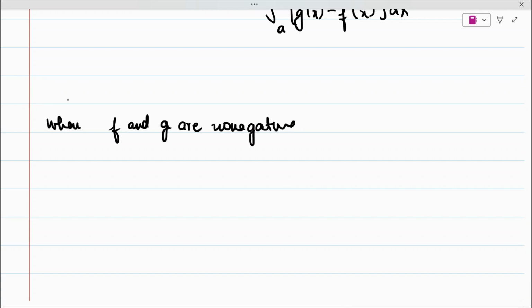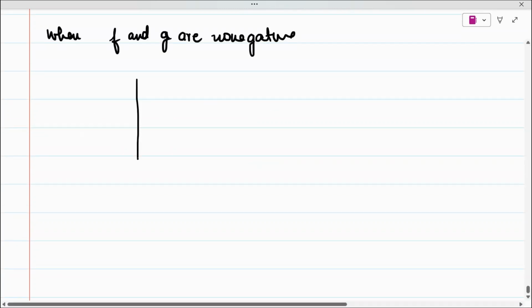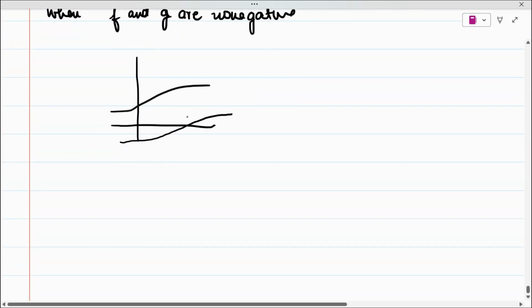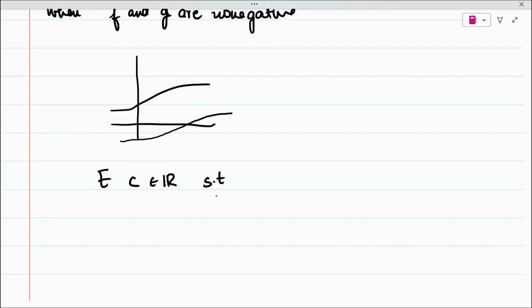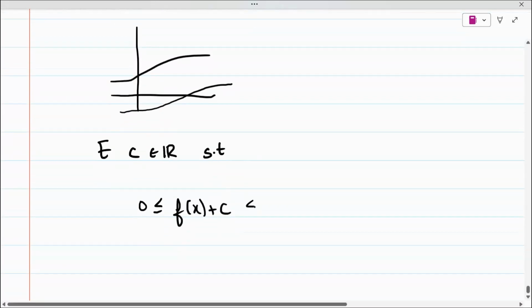Say f and g are non-negative for one function. Well, we know that there exists some real number c such that you can add that value to the function and make it non-negative.